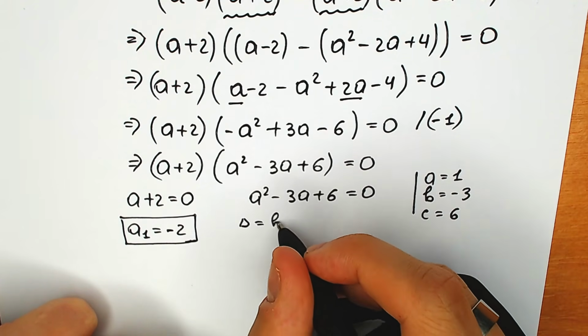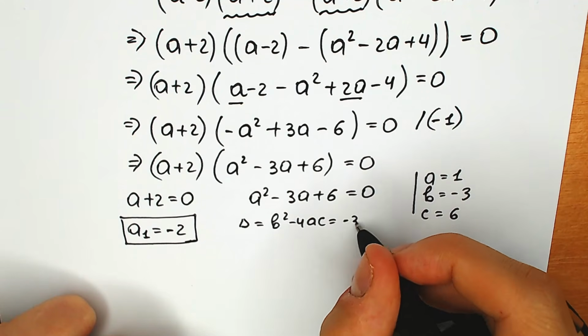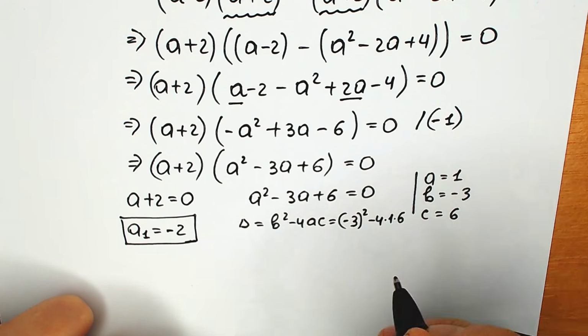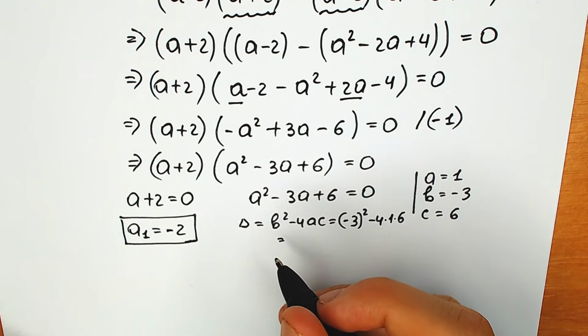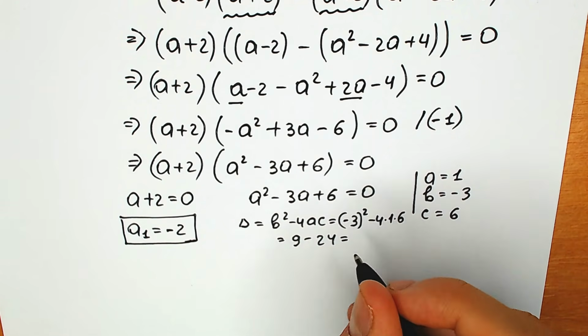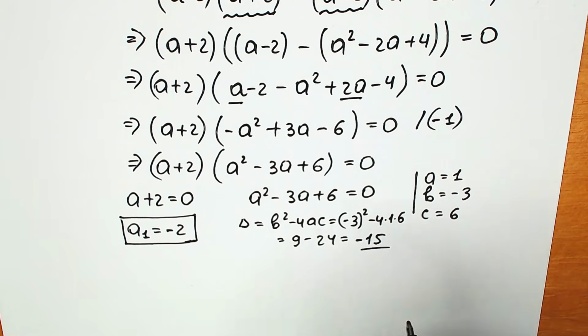We have discriminant equal to b square minus 4ac, so b is minus 3, so b square minus 4 times 1 times 6. So this is our discriminant equal to 9 minus 24, so our discriminant is negative, we have minus 15, so it means that right here in this branch we're going to have two complex roots.